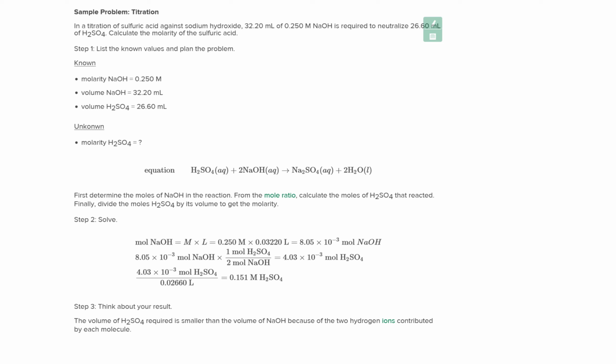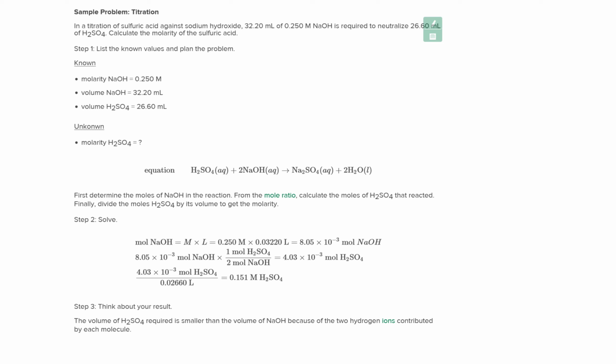We know that 32.20 milliliters of 0.25 molar sodium hydroxide is required to neutralize 26.6 milliliters of H2SO4, which is sulfuric acid. And we have to calculate the molarity of the sulfuric acid.